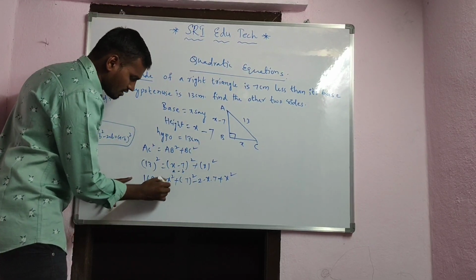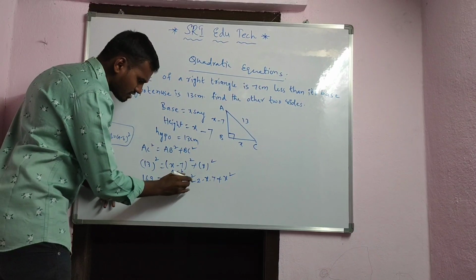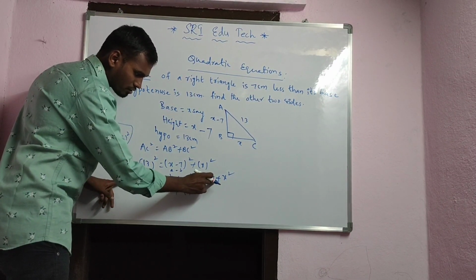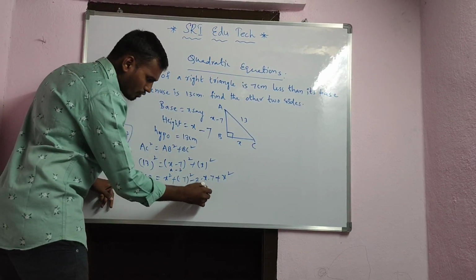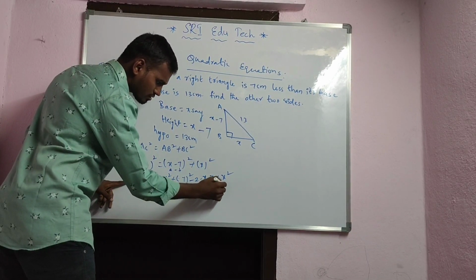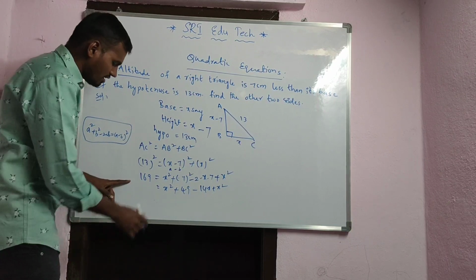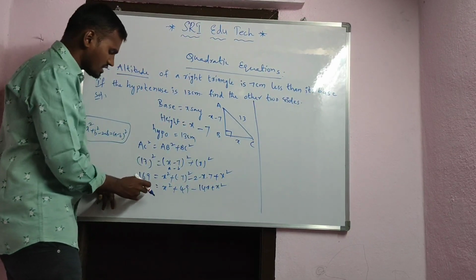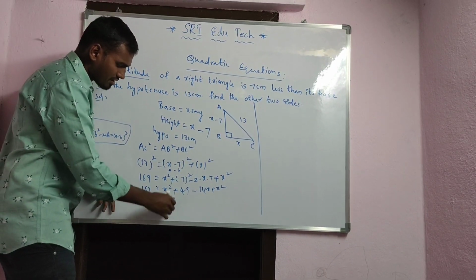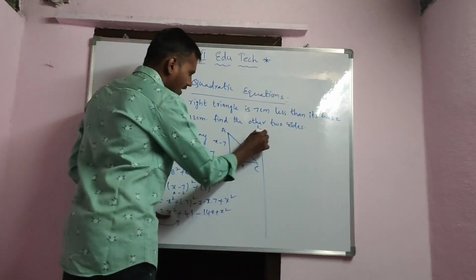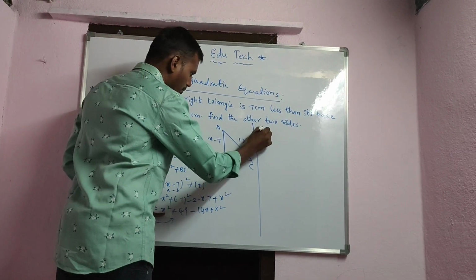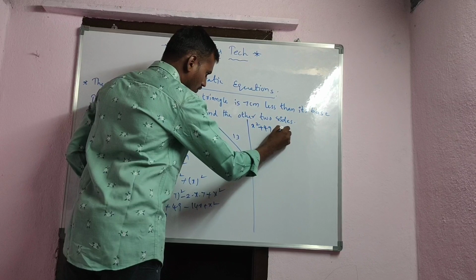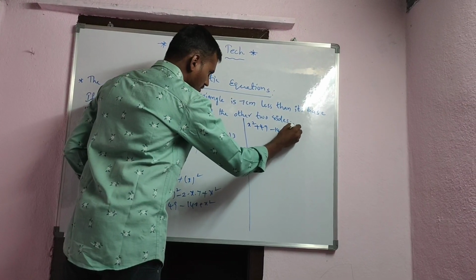Next, see, x square plus 7 square means 49, minus 2 sevens are 14 into x, 14x, plus x square. Okay, let's see. This 169 transfers to RHS. Let us see, x square plus 49 minus 14x plus x square.